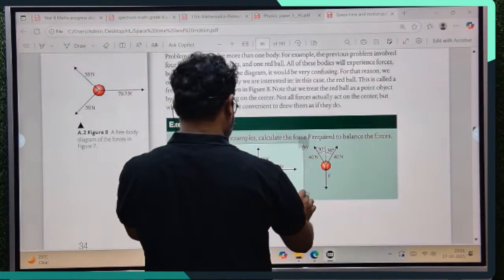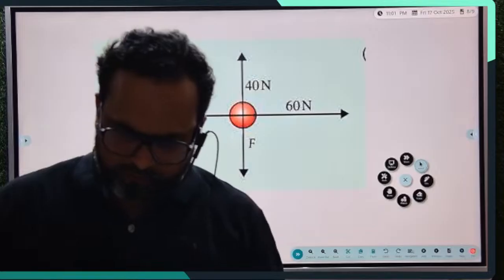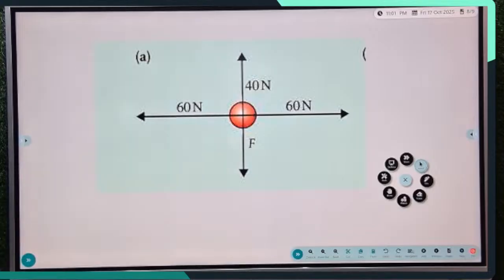Calculate the force required to balance. Won't F just be 40 to balance?